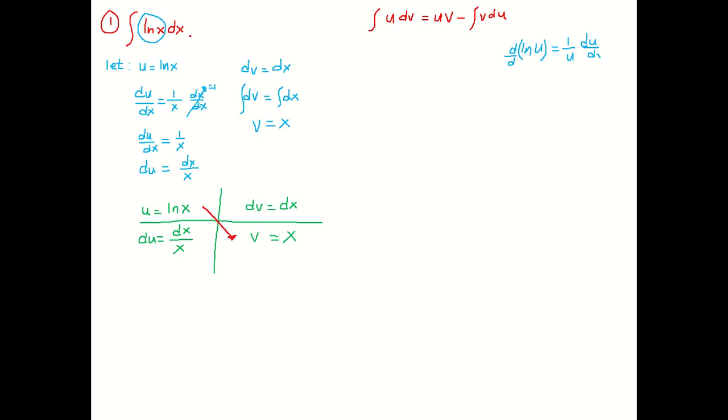Okay, so using this formula, by the way, I will write it here. This one is equal to, using the formula, u times v. What is our u? Our u is ln x, right? Then times v. What is our v? Our v is equal to x. So you have ln x multiplied by x, because this is u times v.